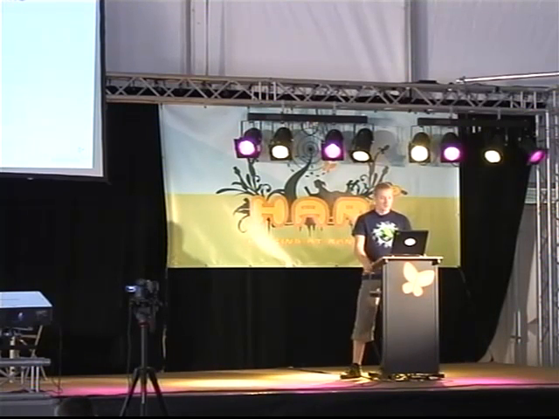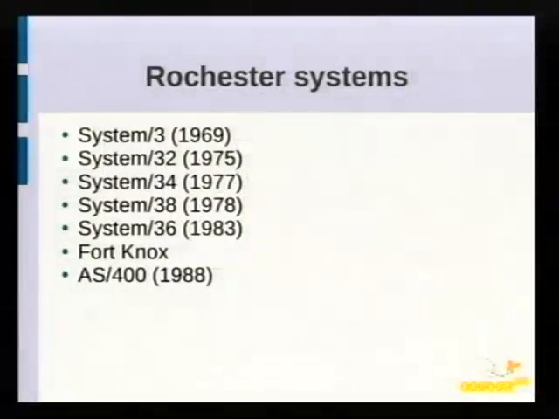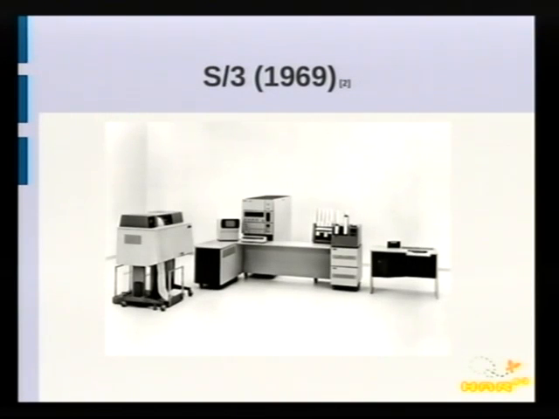Rochester started building systems with the System 3 in 1969, and they built some other systems which I have pictures of. So I'll go to the pictures. This is the first one that came out of Rochester.